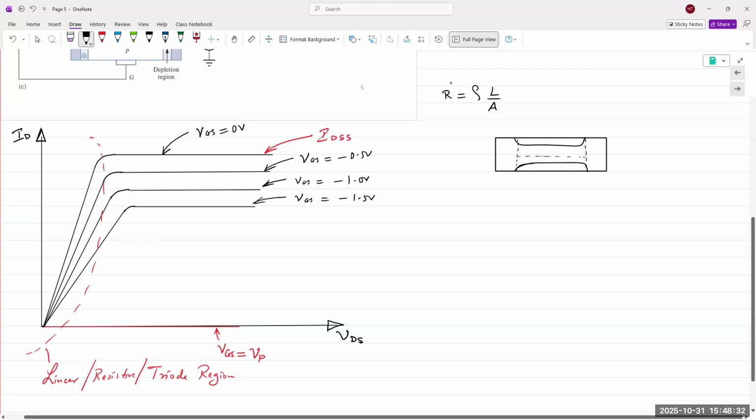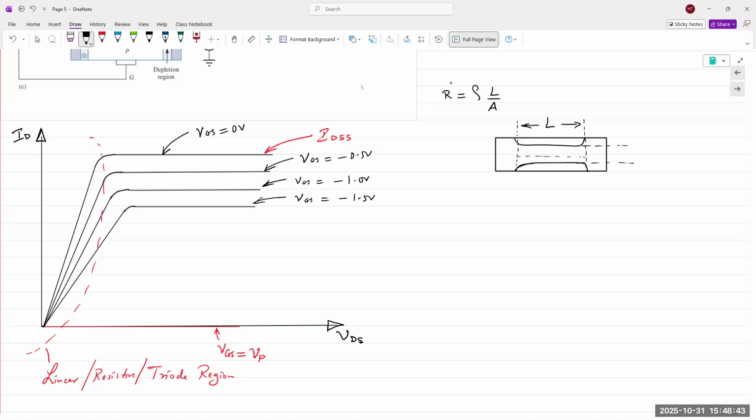So we have the length of the channel, and then we have the width of the channel. So that's looking from the top.